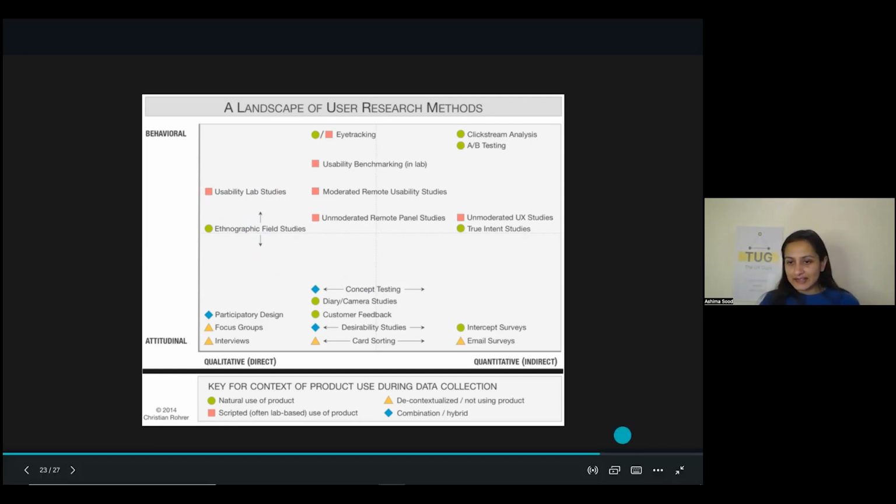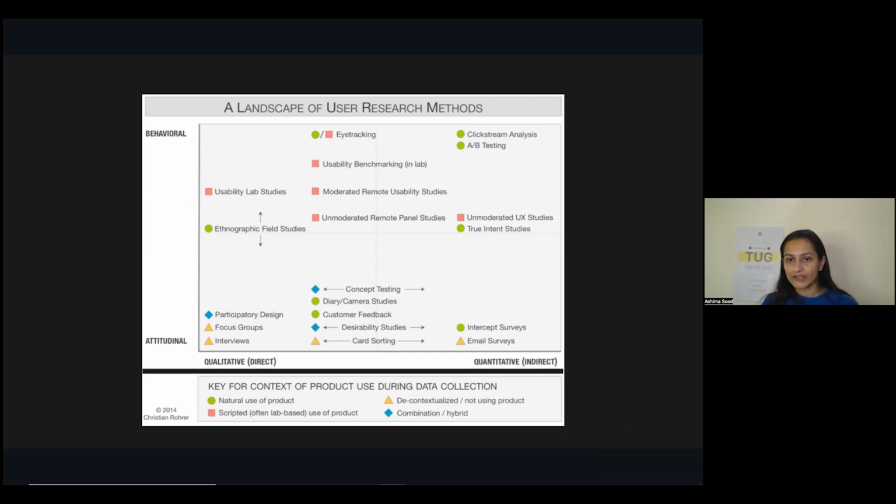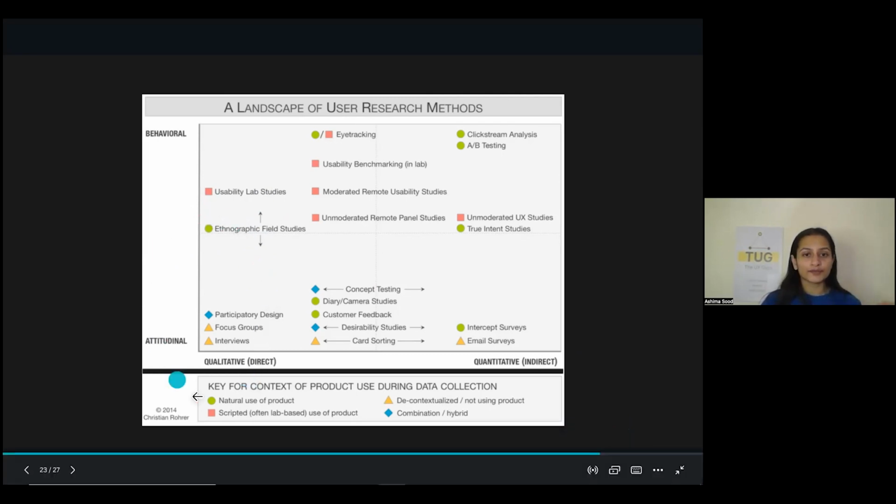So is it coming together, hopefully, for you guys? And is there anything that jumps out at you and isn't clear? Let me know. And then you'll also see down here, there's a key for context of product use. So here we've got either natural use of product, which is out where you're actually going to use it, versus scripted or lab-based.